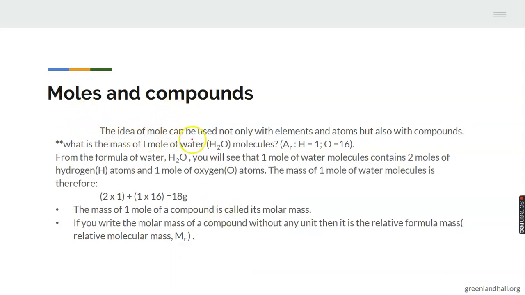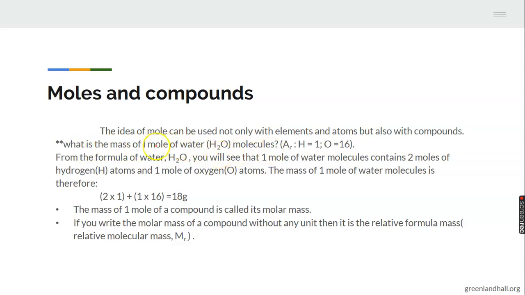So the idea of mole can be used not only with elements and atoms, but also with compounds. I just gave you this. What is the mass of 1 mole of water molecule?